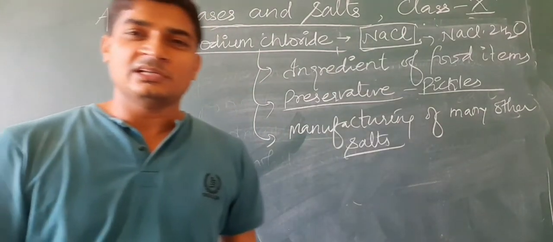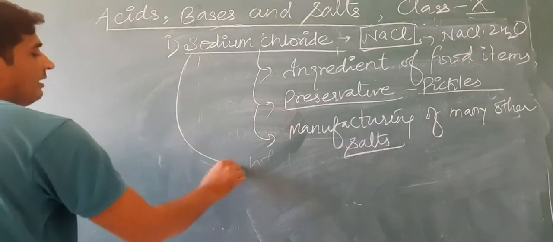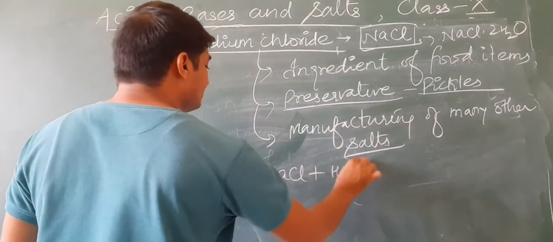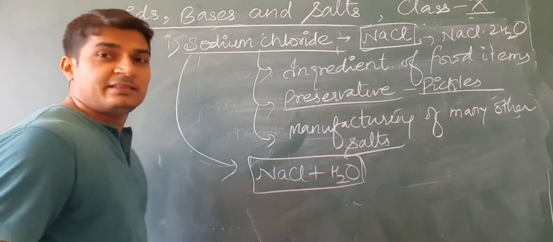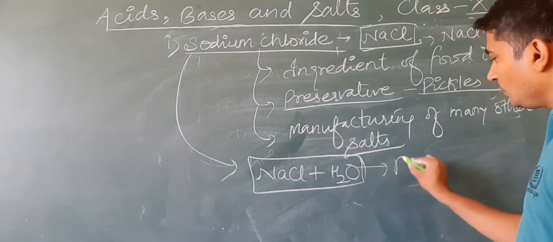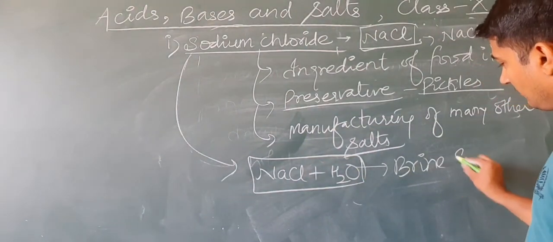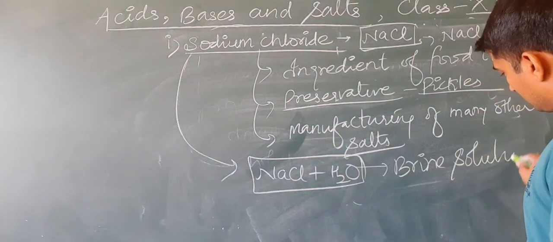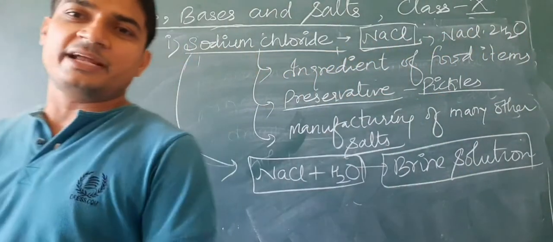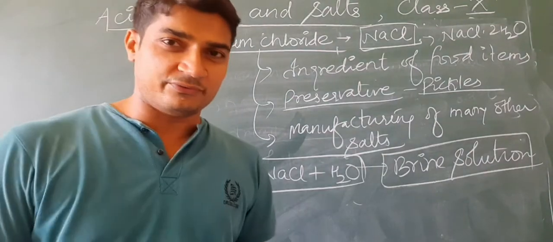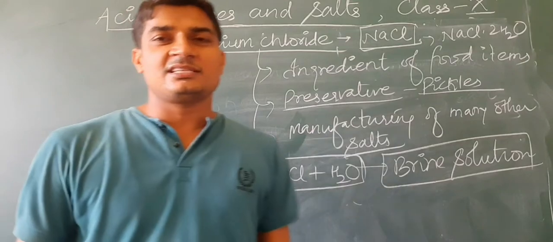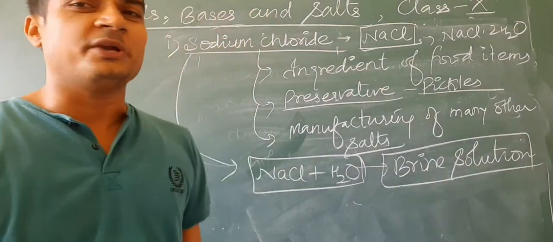One more thing: if NaCl is mixed with water, the aqueous solution of sodium chloride is known as brine solution. So whenever we use the term brine solution, it means aqueous solution of sodium chloride.